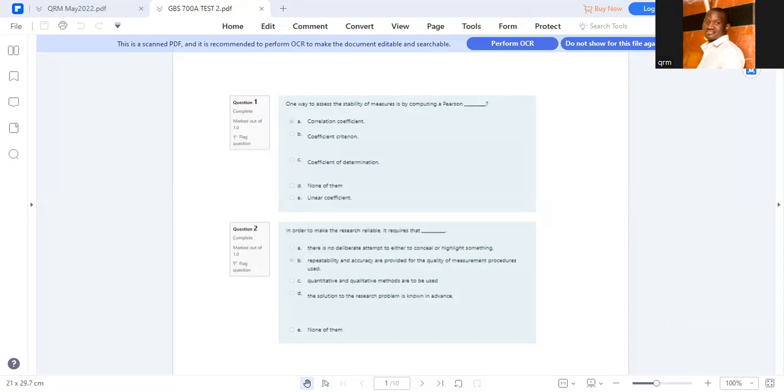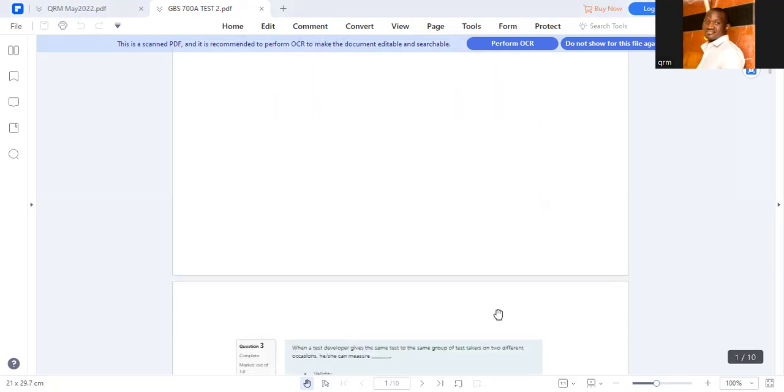It requires that B, repeatability and accuracy are provided for the quality of measurement procedures used. So reliability here, we talked about focuses on what? Repeatability and accuracy of the methods and instruments used in the research process. Are we together? Okay, so let's go to our next question.